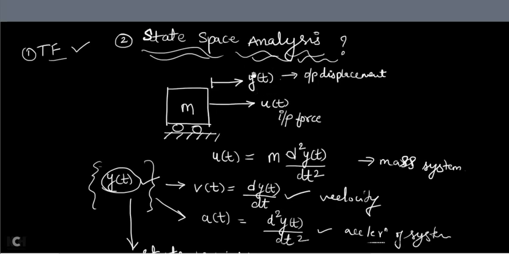So let us call the displacement y of t. If the force applied is the input variable, then what will be the displacement of the mass? Because you applied force, you are getting a displacement of the mass. So this displacement can be called the output displacement. If the force is input, then the displacement y of t is the output of the mechanical system.